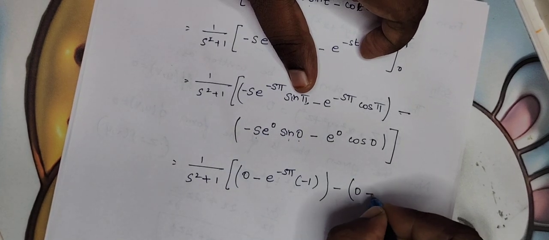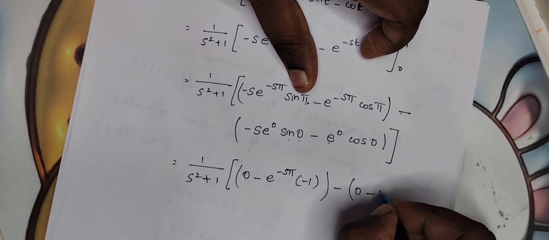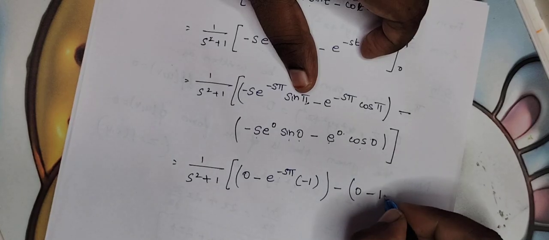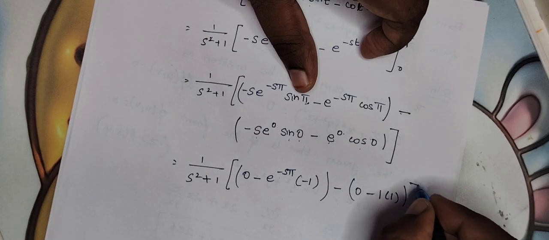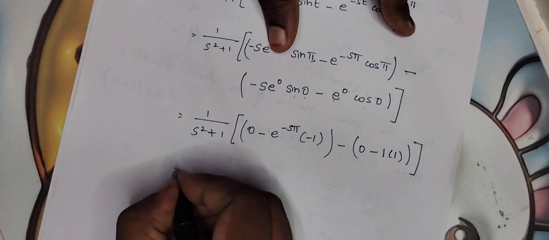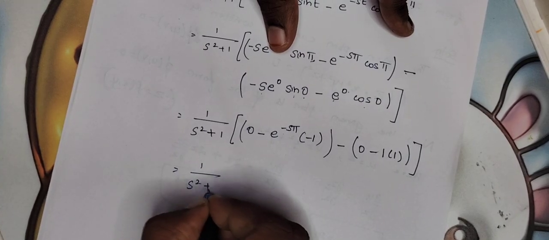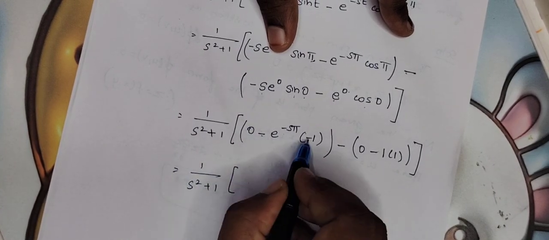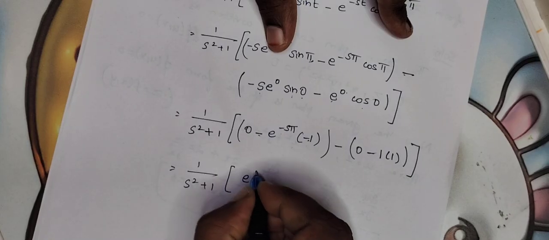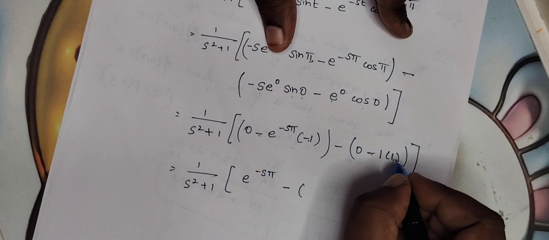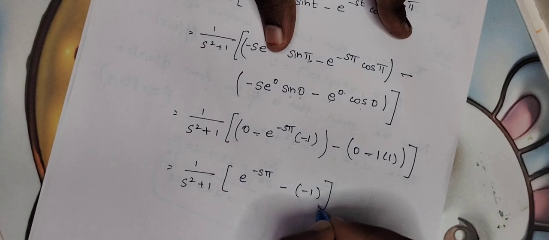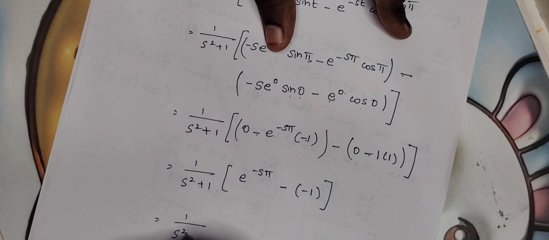So 0 minus e power 0 is 1, cos 0 is again 1, so 1 into 1. So this is equal to 1 divided by s square plus 1, and minus into minus is plus, so you'll get e power minus s pi, and then minus of 1 into 1, which is minus 1. So this is equal to 1 divided by s square plus 1 into e power minus s pi plus 1. Okay, so this is my final answer.